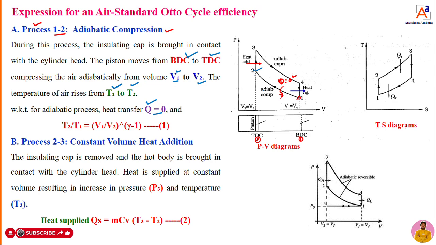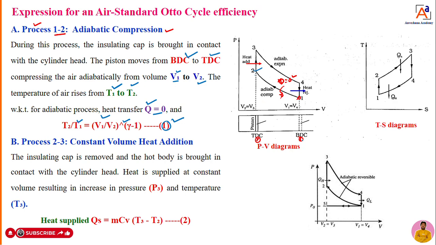When the piston suddenly compresses the air fuel mixture, temperature and volume vary. The variation of temperature versus volume can be written in terms of an equation: T2 by T1 is equal to V1 by V2 to the power of gamma minus 1. I will call it equation number 1.